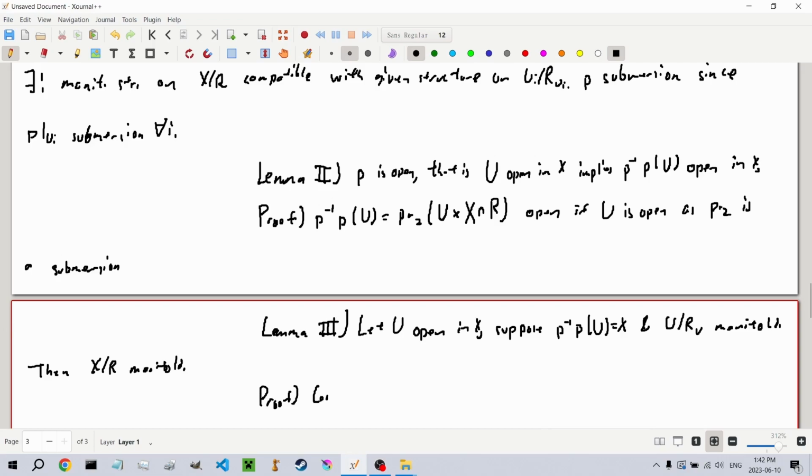The canonical map alpha from U over R of U to X over R is bijective.